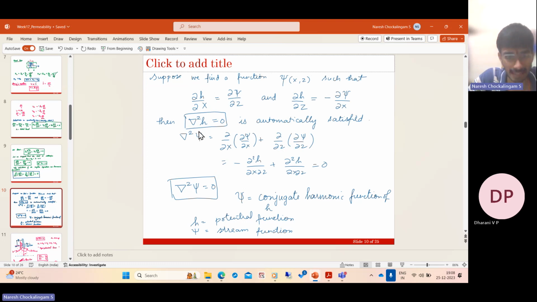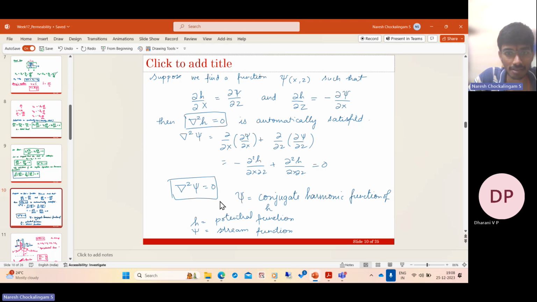So in general, if we have a function psi such that these relations are satisfied, and for your information, these are known as the Cauchy-Riemann equations. So that comes from a different point of view. In complex analysis, this function psi and h are the real and imaginary parts of an analytic function. So if they are such that these two are conjugate, then these relations are satisfied.